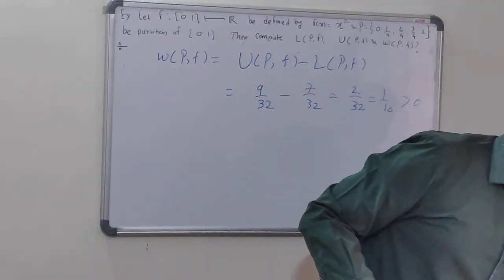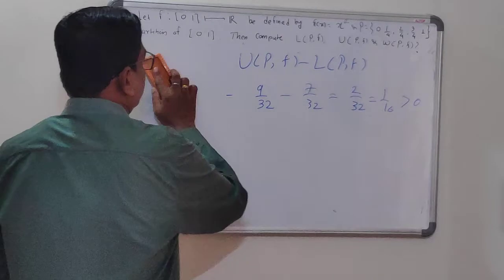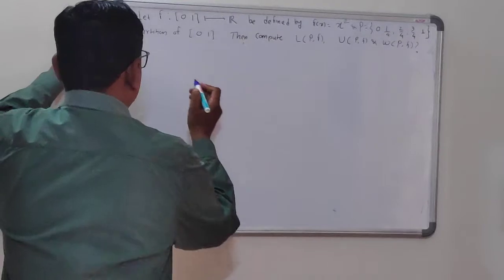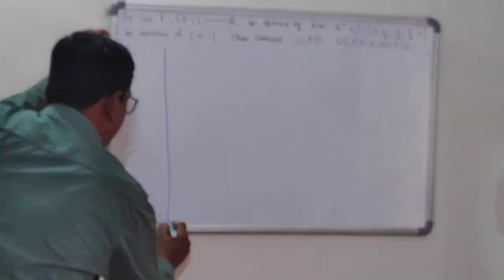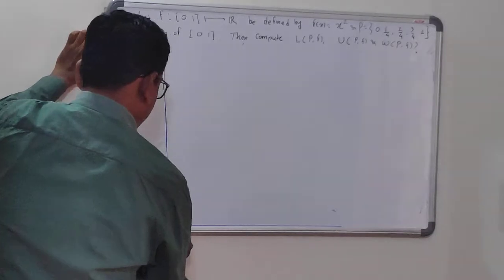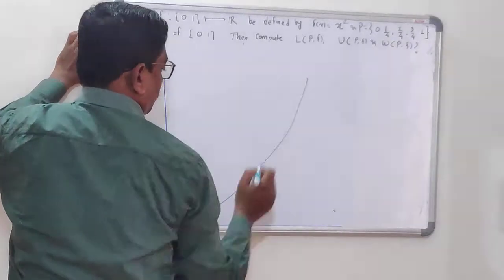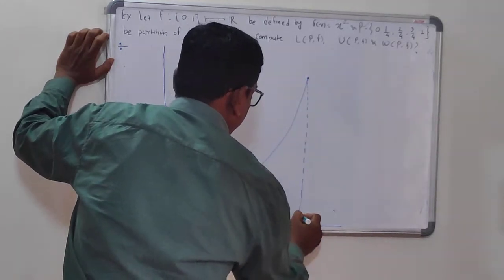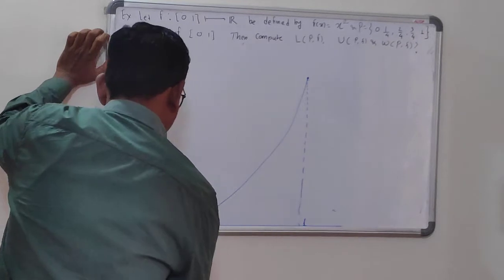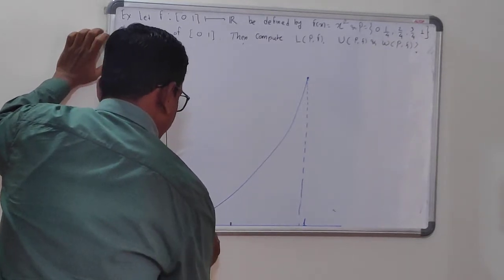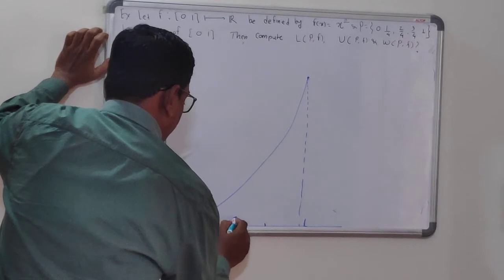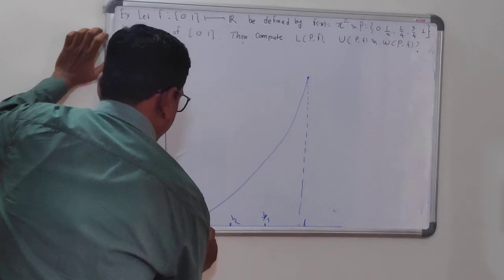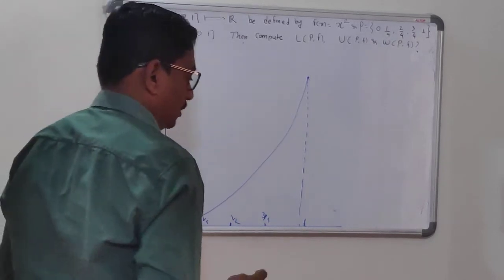So let me explain this example diagrammatically. I will draw a parabola like this, and here you have the points 0, 1 by 4, half, 3 by 4, and 1.